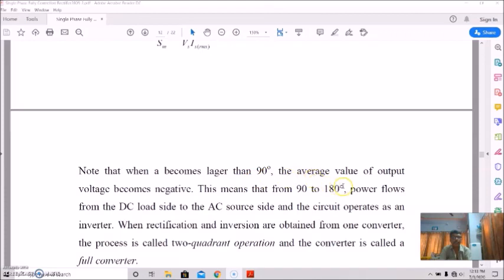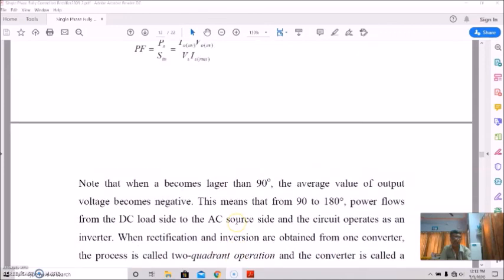When rectification and inversion are obtained from one converter, the process is called a two-quadrant operation, and the converter is called a full converter. So this is very important, actually. From 90 degrees to 180, power flows from the DC load side to the AC source side, and the circuit operates as an inverter, and the converter is called a full converter.